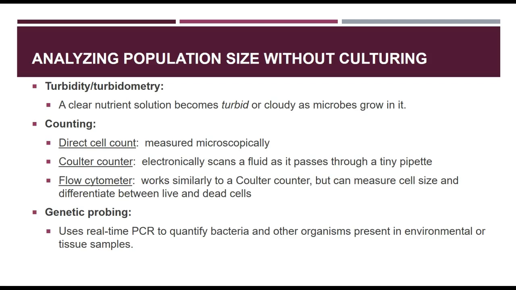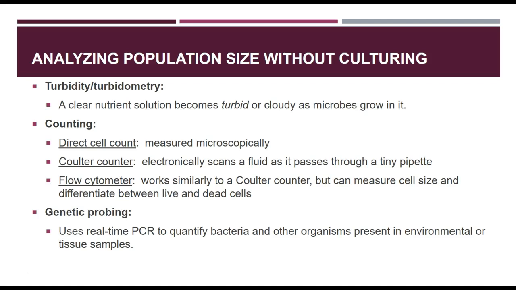We can also count colonies by doing a direct cell count with a microscope, and we can place a specimen on a very small slide, and we can count individual organisms on that slide, and we can distinguish between an organism that's living and one that is dead.